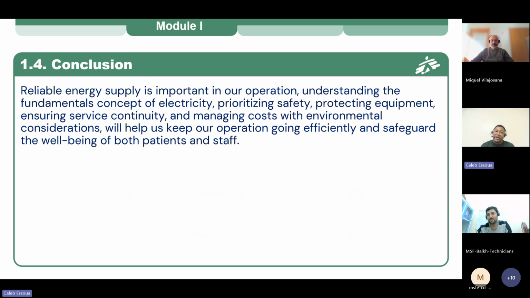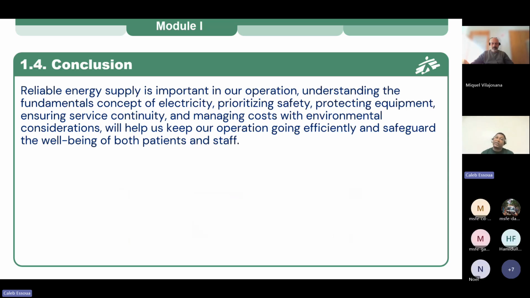So as I said, reliable energy supply is important in our operations, and understanding the fundamental concepts of electricity, prioritizing safety, protecting equipment, ensuring service continuity, and managing costs with environmental considerations will help us a lot. As logisticians who don't have enough knowledge in this area, it will be good to keep practicing.